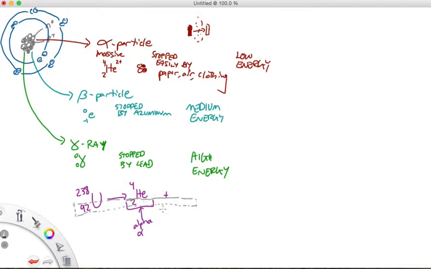Over here, we need to add this side up to equal 92 as well because overall we haven't lost any mass. And the same thing's true up here. This number up here is the mass number. This is 238 on this side of the arrow, so it needs to be 238 added up on this side of the arrow as well.